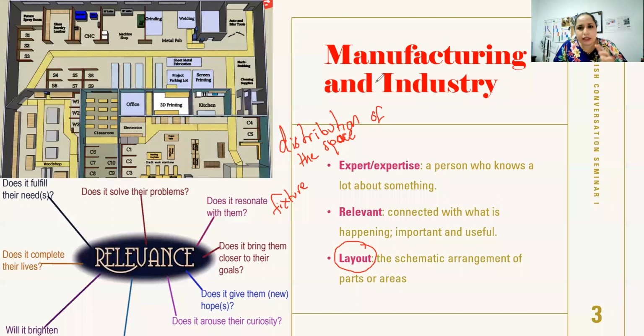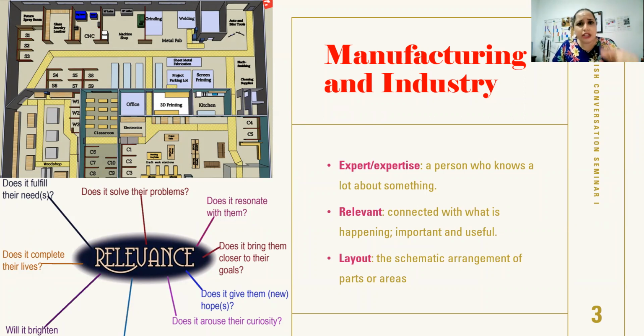So yeah, this is for expert, relevant, layout: the schematic arrangement of parts or areas. I think they're very easy to understand, but the thing with vocabulary is that you need to know how to use it, because just a word with the meaning doesn't give you much.